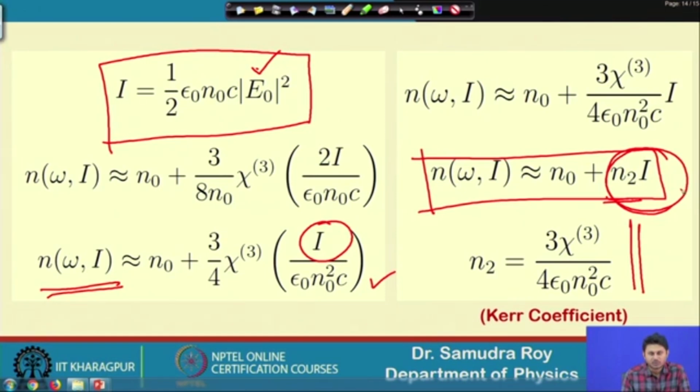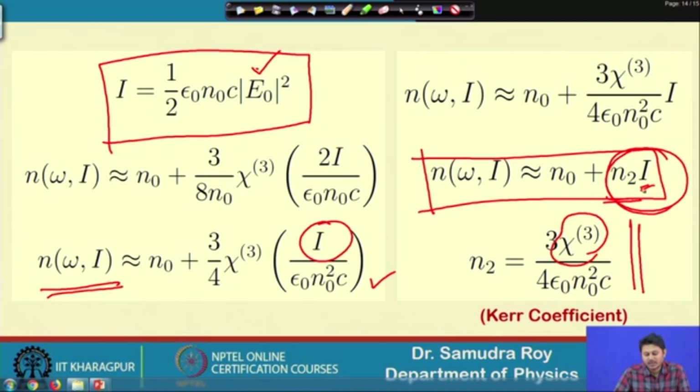One is n2, which is a material property, because it is related to the third order susceptibility. The third order susceptibility is going to change from material to material, that is one issue. The second thing is that it also depends on the intensity. If the intensity is very high, we can also increase the nonlinear part of the refractive index.